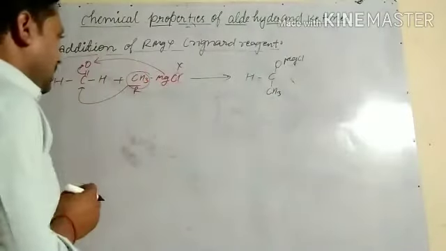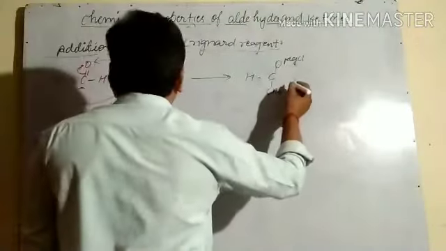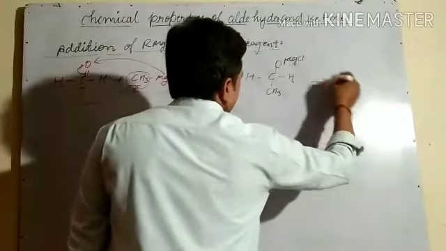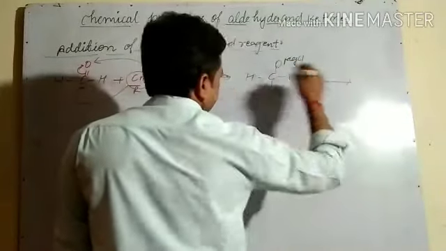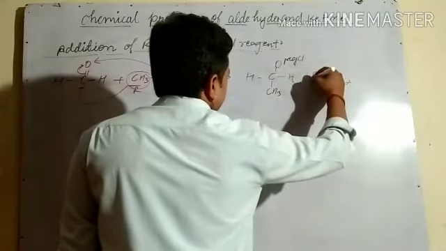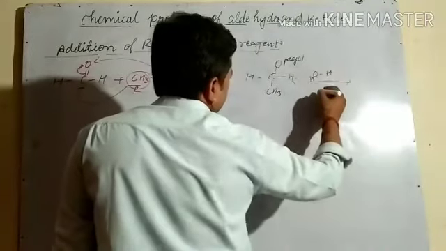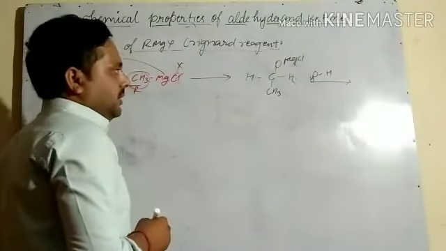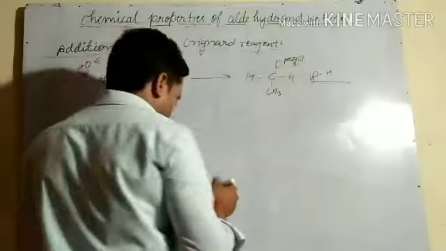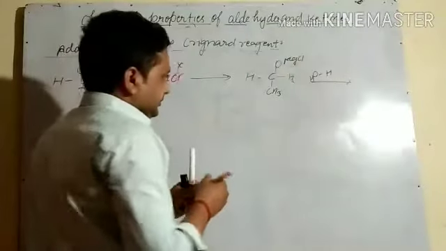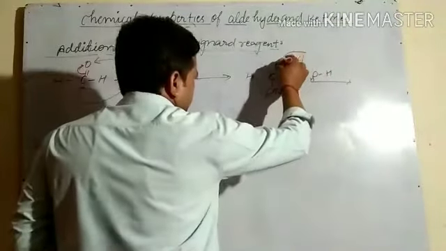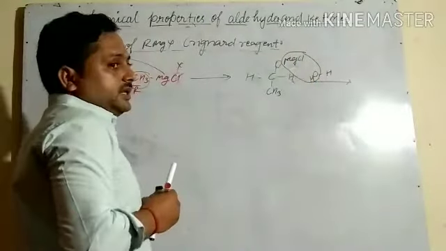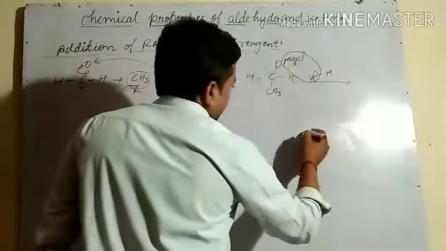Then hydrolysis, and hydrolysis I am writing like this, H2O, it can be written HOH. So it will form what? It will form this product. So what is the remaining there? Write the product. They will add, and what is that?